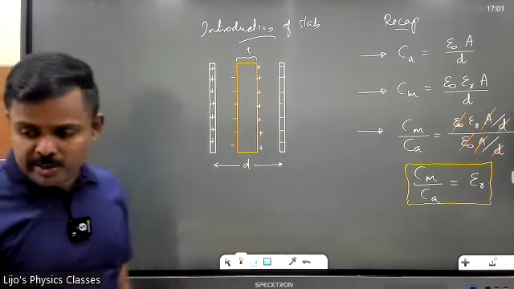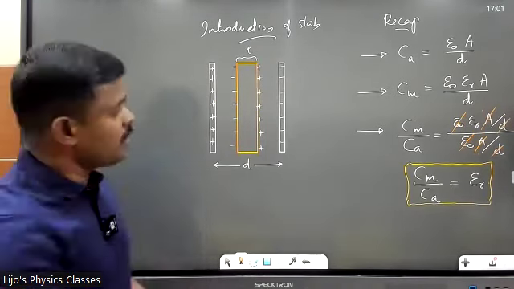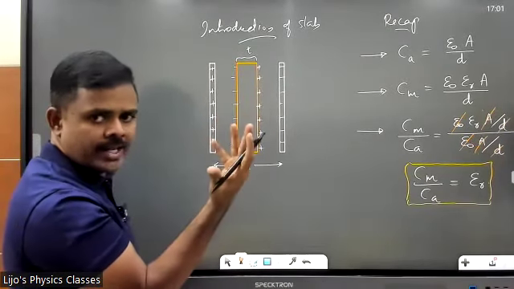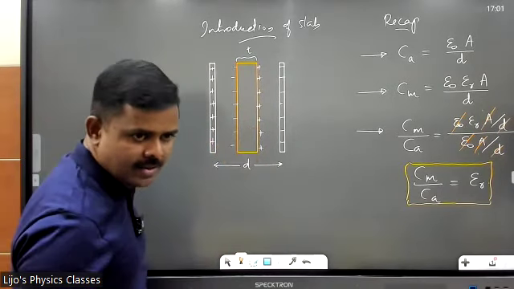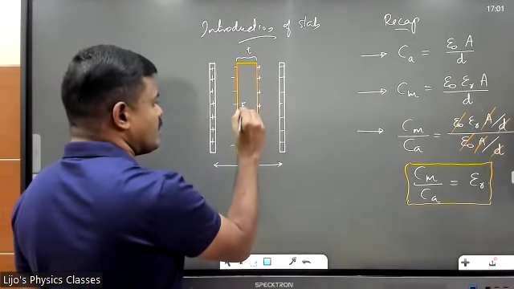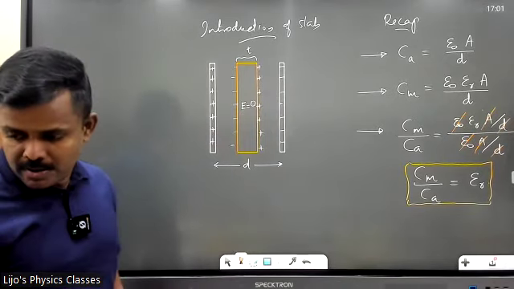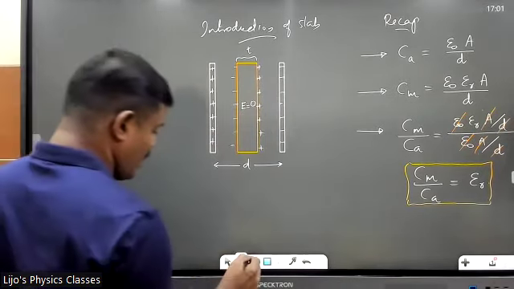So inside the slab, what is electric field? All the charges are outside, so if you draw a Gaussian surface inside, it won't enclose any charge. So electric field inside is 0. Write it.